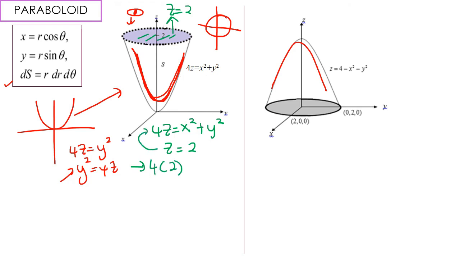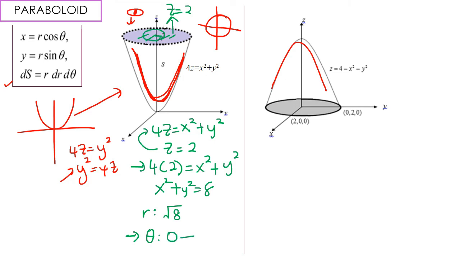So what you have is x squared plus y squared equal to 8, which means the radius is square root of 8. And the angle is very straightforward because this is a full paraboloid, so it is 0 to 2 pi. So if you want to do the surface integral with r dr d theta, r is 0 to square root of 8, theta is 0 to 2 pi.